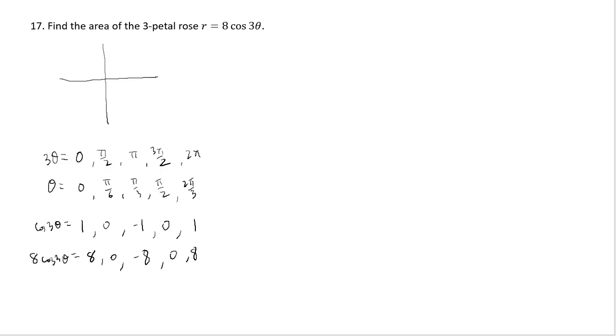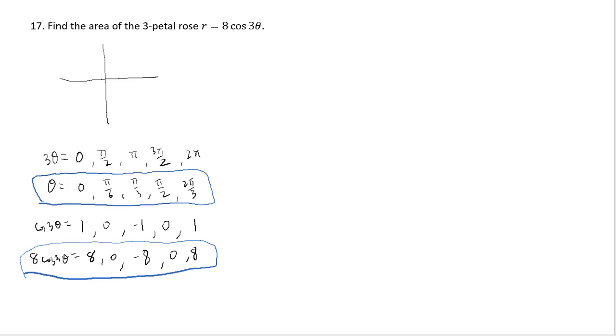Now, for all these calculations, you really want both of these, because r is equal to 8 cosine 3 theta, so the r value is given by these.